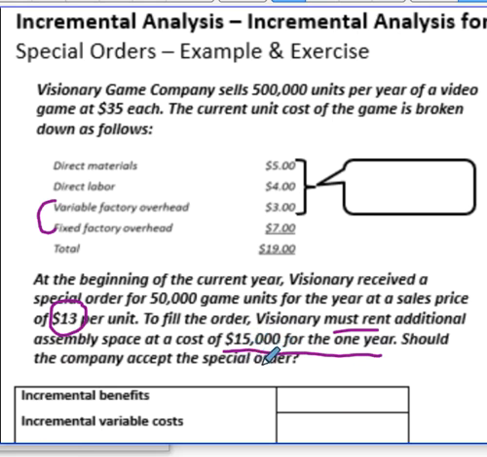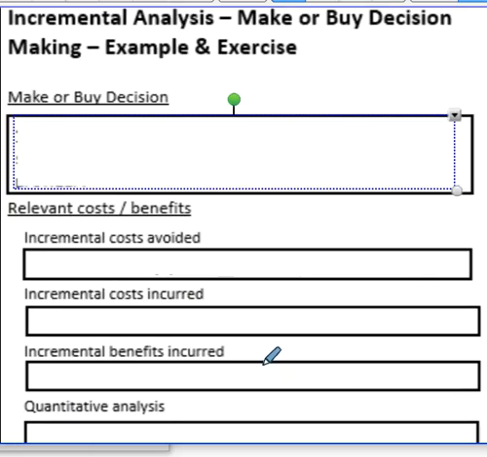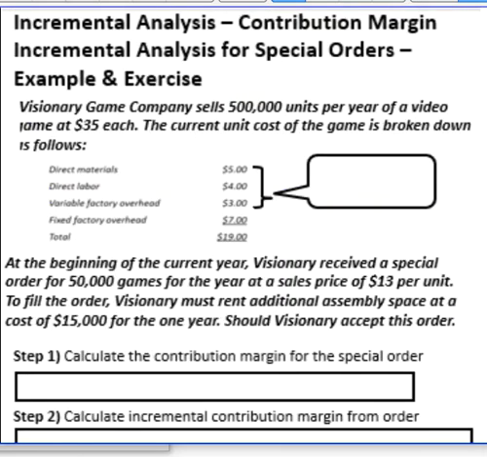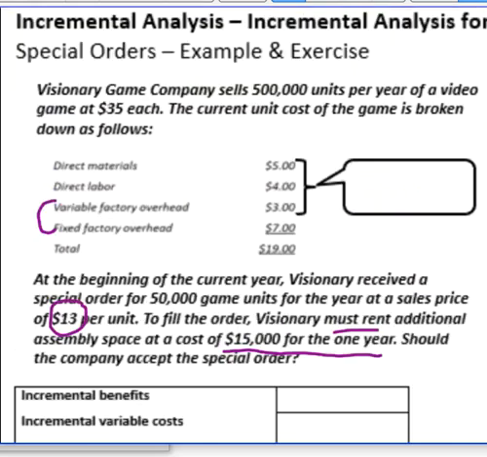So now we need to go back and calculate incremental benefits versus incremental costs. We're going to start out with incremental benefits. If we're going to be able to sell 50,000 units, I'm going to write this in this space, 50,000 volume times $13 per unit.